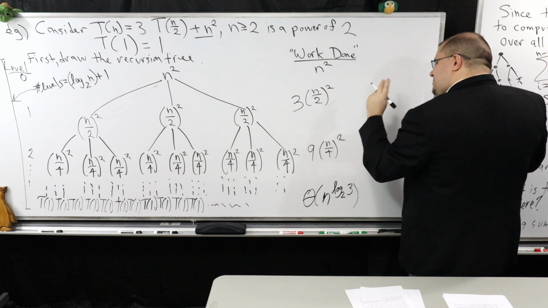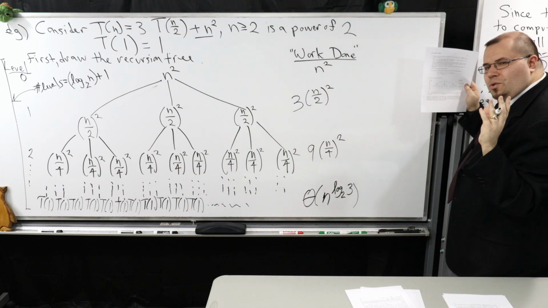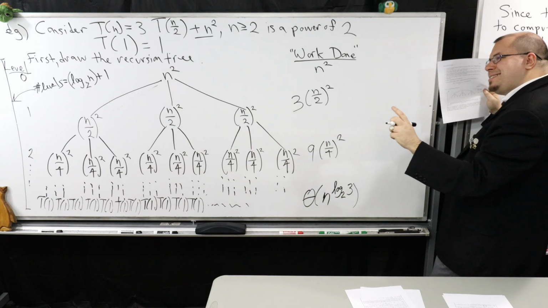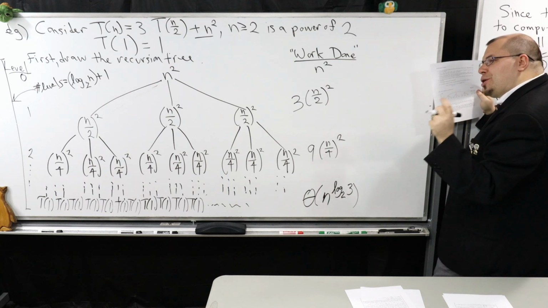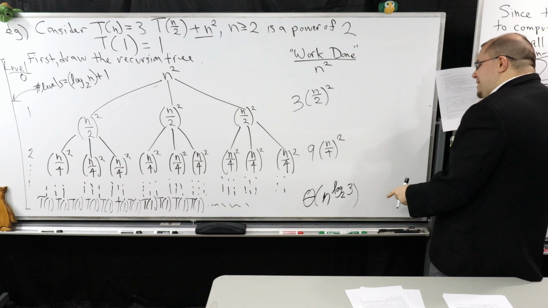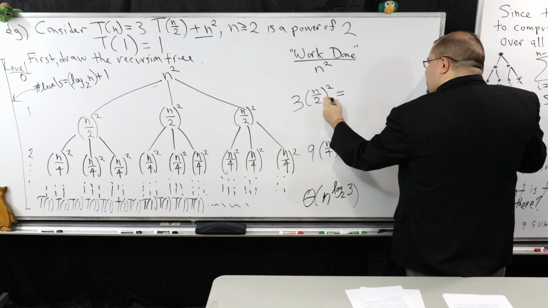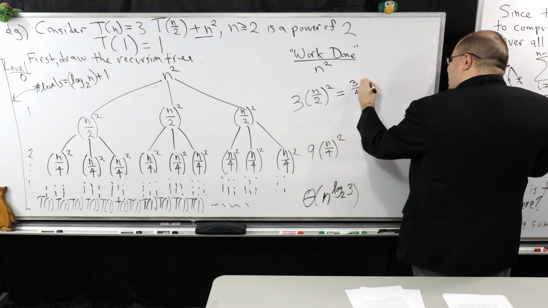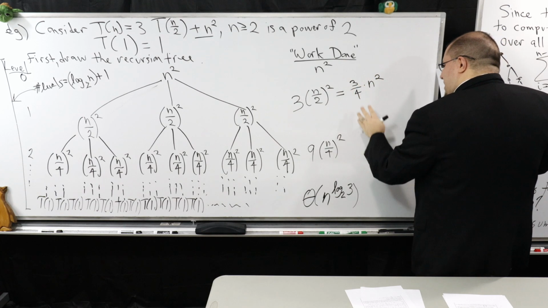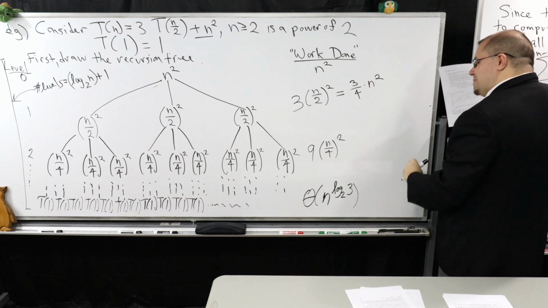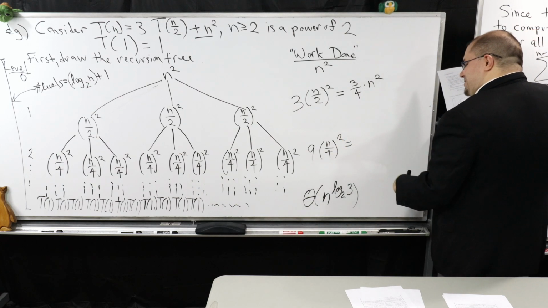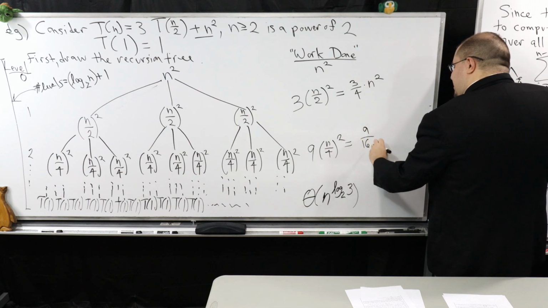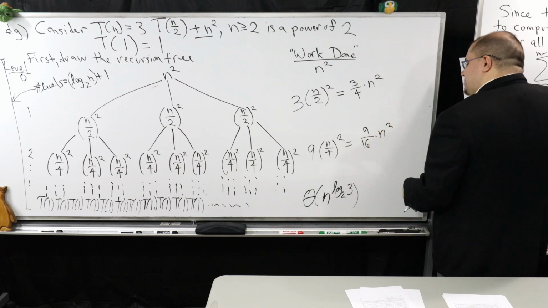Now, I want you to remember, we want to come up with a general term for each level i. So if you're familiar with sequences, what I'm saying is give me a term i that fits the pattern. If I were to simplify this a little bit, you would tell me it's probably 3 over 4 times n squared. It looks something like this when I simplify it down. Well, I have 9 over 4 squared, which is 16, times n squared.